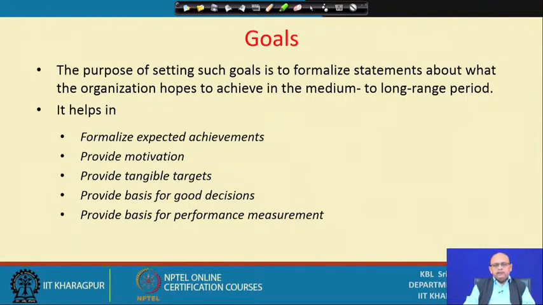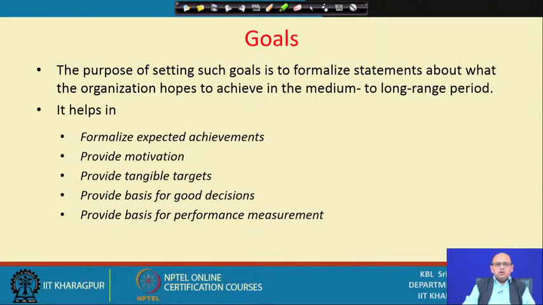Whatever decisions you take or whatever behavior you engage in is going to be directed towards achieving the goals and objectives. If you take bad decisions, they are not going to help you achieve or realize those goals. So, make sure that you are engaging in goal directed behavior. Second, if you have targets which are more tangible in nature, then you take decisions which help you to achieve these goals.